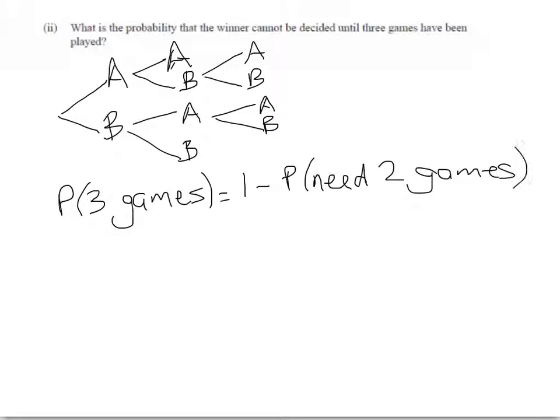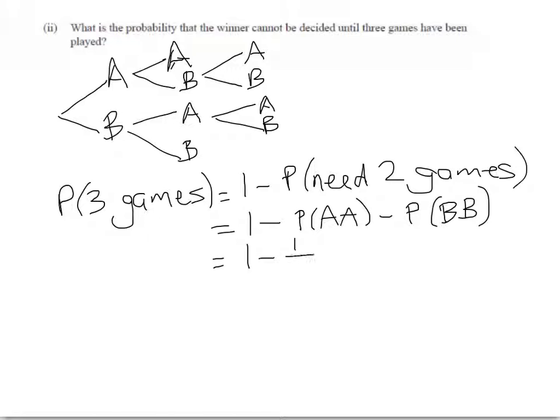So this is the easiest way to work it out, because the probability that we need 2 games is just the probability that A wins the first 2 or B wins the first 2. We've already seen that probability of AA is just 1/4. Similarly, the probability of BB is just 1/4. So our final answer is 1/2.